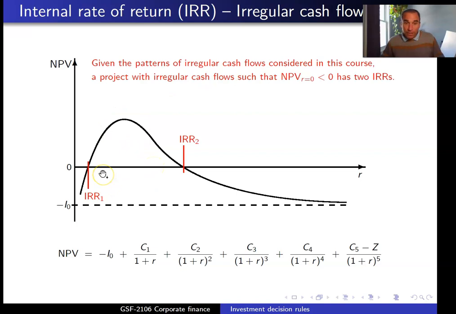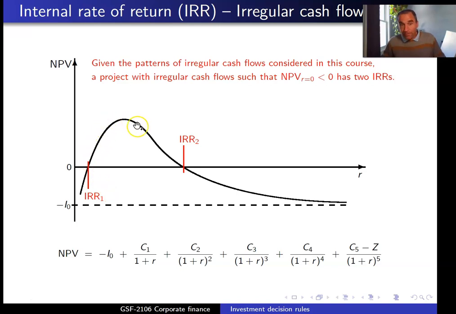So what happens with these projects? They have two internal rates of return. There is a first internal rate of return where the NPV is equal to 0, when the NPV goes from negative to positive. So when the net present value enters positive territory, it crosses the first internal rate of return.